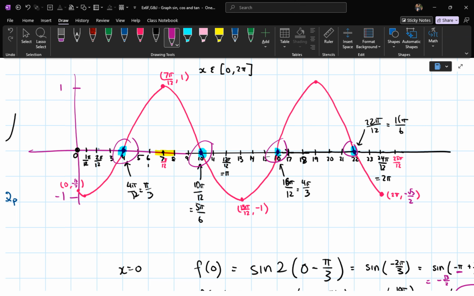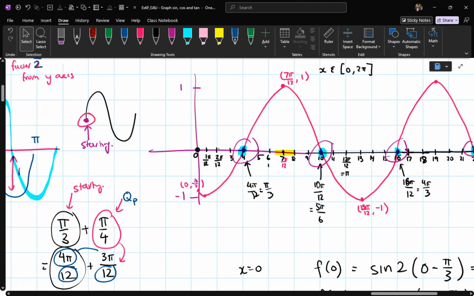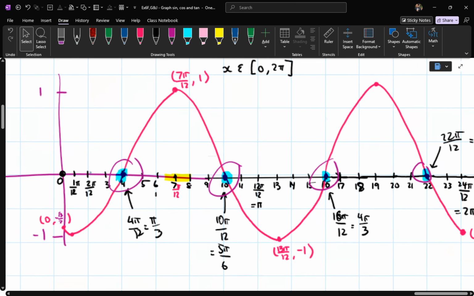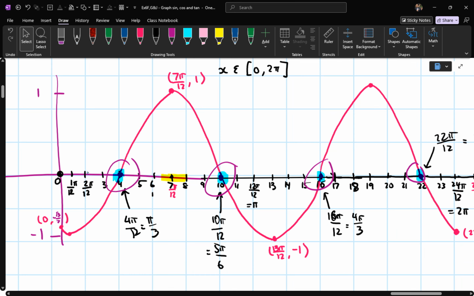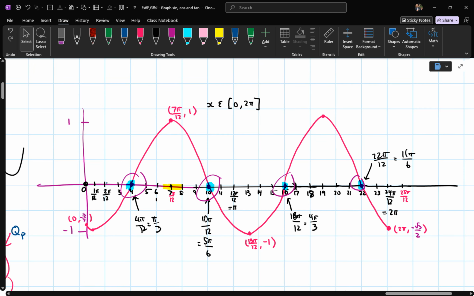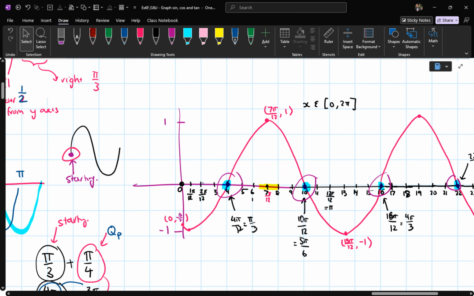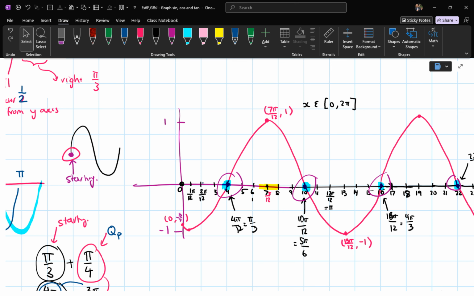But for all graphs, no matter which graph I get, whether it's 6F or 6G or 6H, I follow pretty much the same technique. Some of the questions you may have to actually find the x-intercepts, but you don't have to when there isn't any moving up or down. So if there are no vertical translations, it doesn't affect the x-intercepts, which makes it easy to calculate as you're sketching.